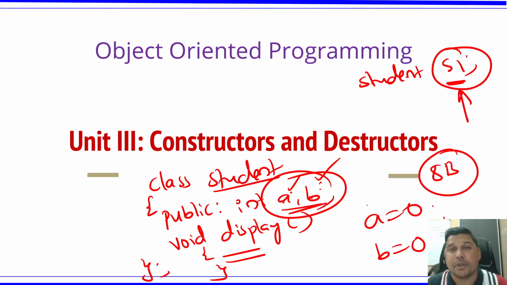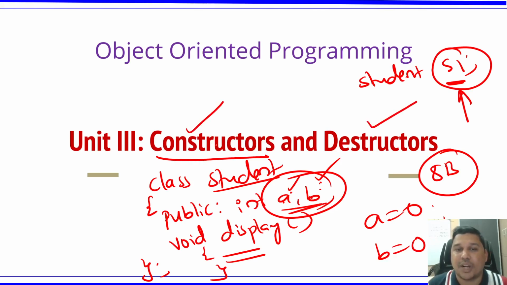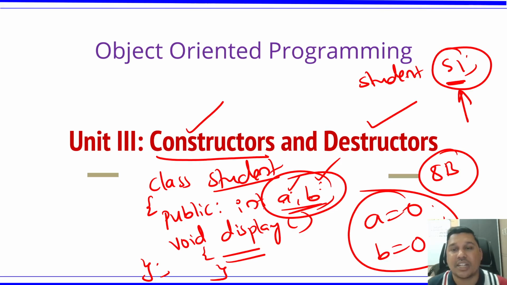That step can happen with the help of creating a constructor. Why is it called constructor? It constructs the default values for the variables inside the class. That's why it is called constructor. It means assigning these values to the variables a and b.